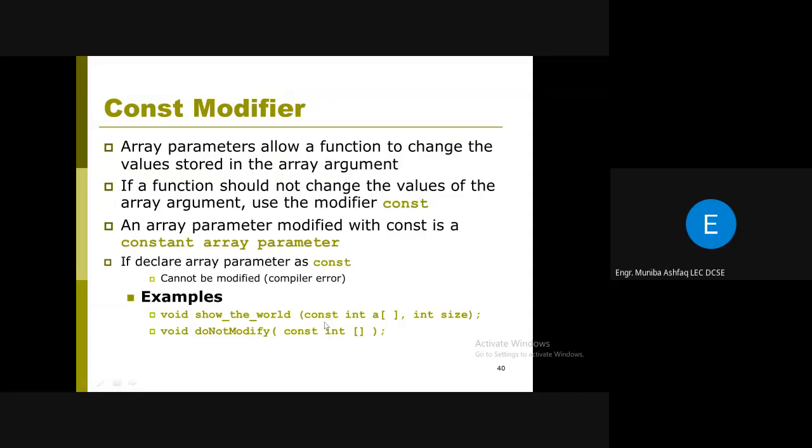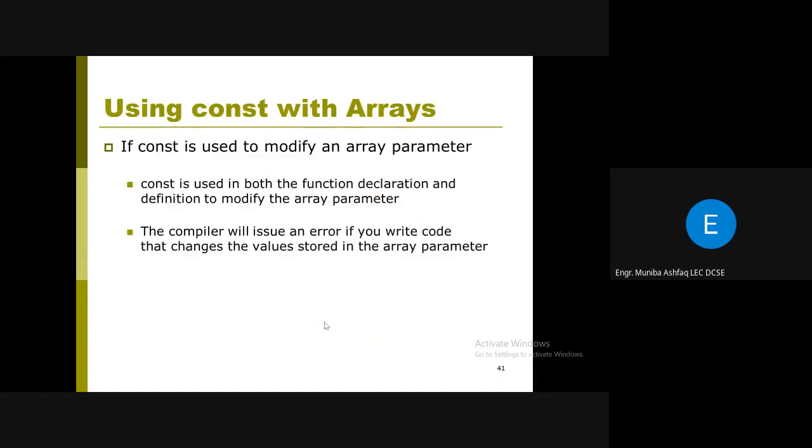If you write this const, it means the elements of this array cannot be modified. So you will write this const in both the function declaration and the function definition.